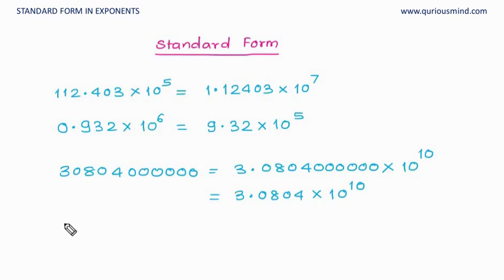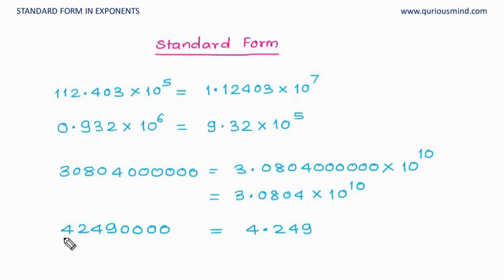Let's take one more example. If I have this, I have to represent it in standard form. What I will do first, I will put 4.249, and I will not write the extreme zeros. How many places have I moved? 1, 2, 3, 4, 5, 6, 7. 7 places I have moved.